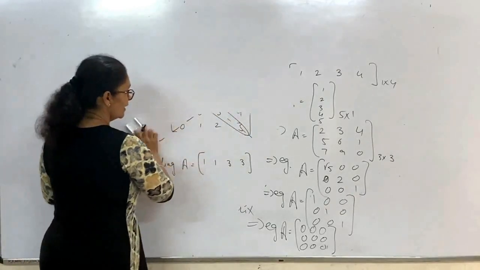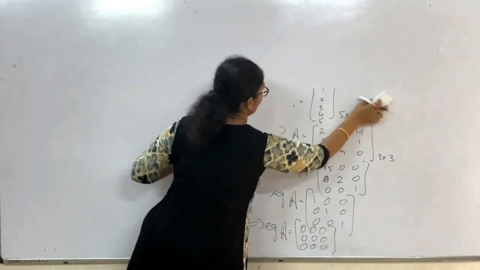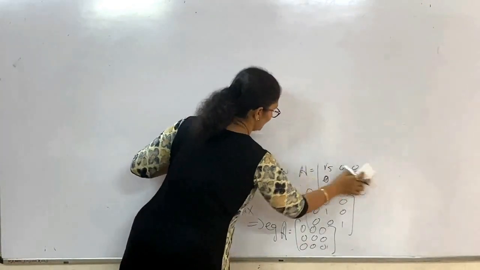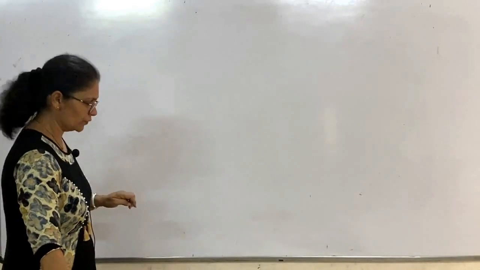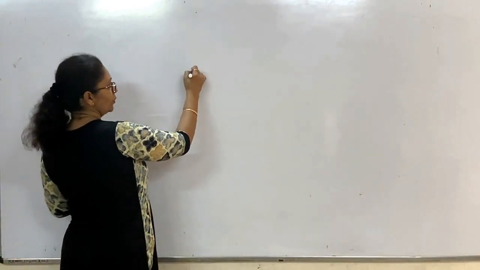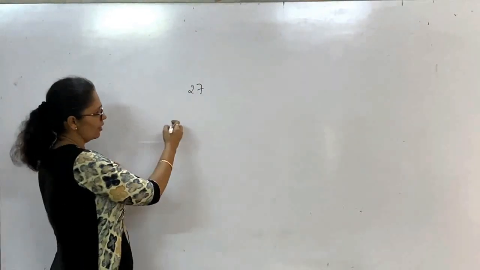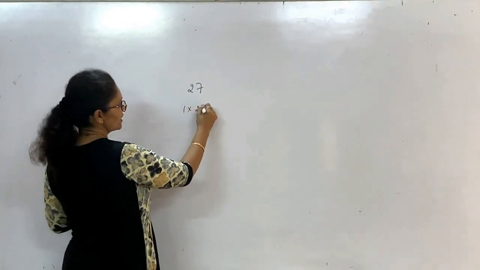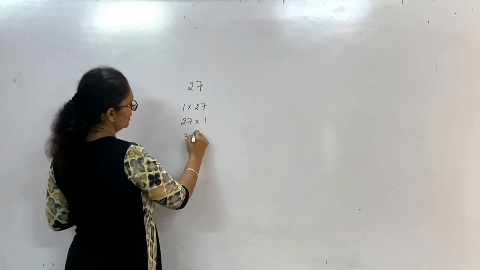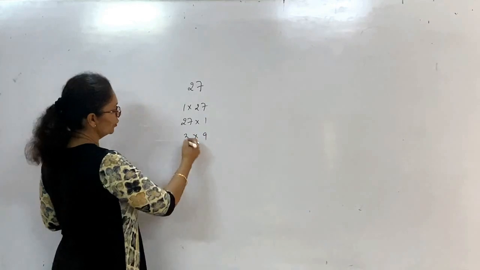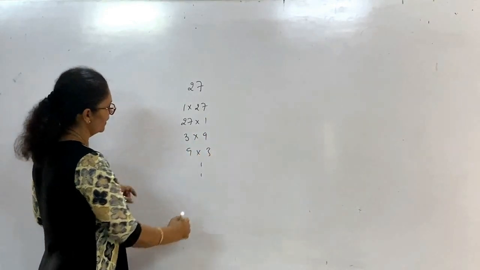Now we have already discussed equality of matrices and all the types of matrices, so we discuss a few examples. Let's take the first example. Suppose we have 27 elements. How many ways can we write the matrix? 1 by 27, 27 by 1, 3 into 9, 9 into 3; all these ways we can write.